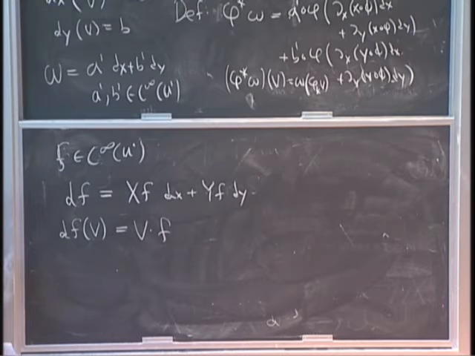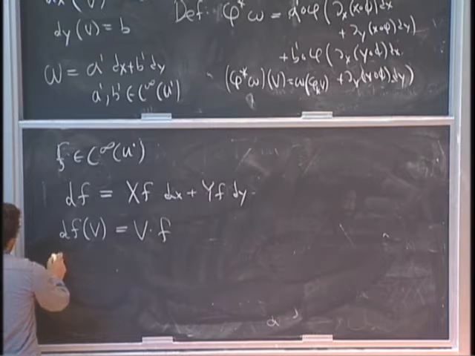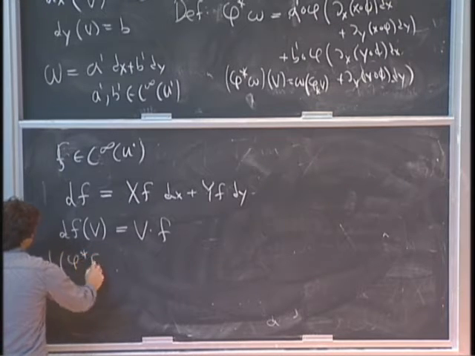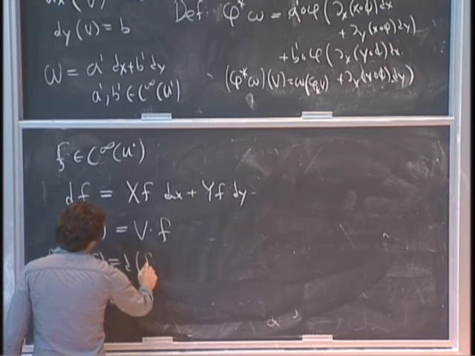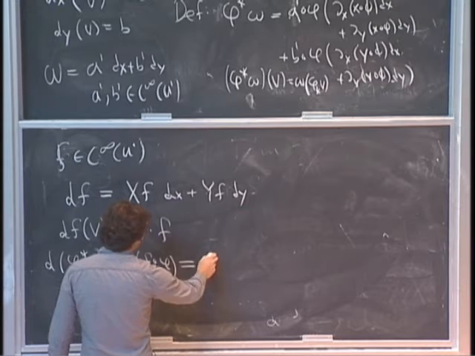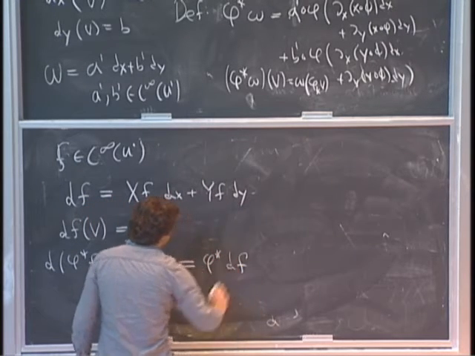And the point is, this definition makes sense because it transforms correctly. So if we look at d of phi pullback of f, which is to say the same as d of f composed with phi, then one computes that it's exactly chosen as phi pullback of df.